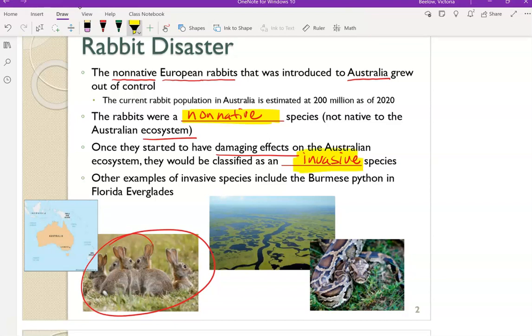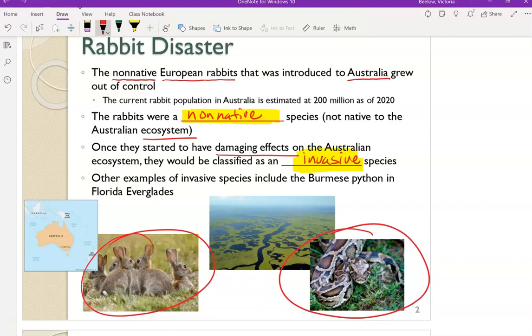Again, this can happen usually because of humans. Another example is the Burmese python. This is native to, I believe, Asia, so far east, excuse me, not in the United States. These animals were released into the Florida Everglades.